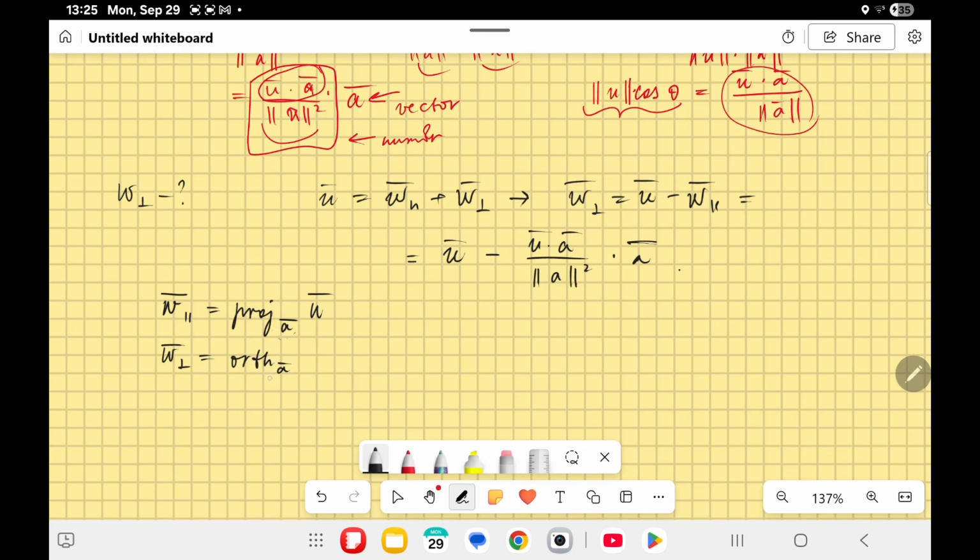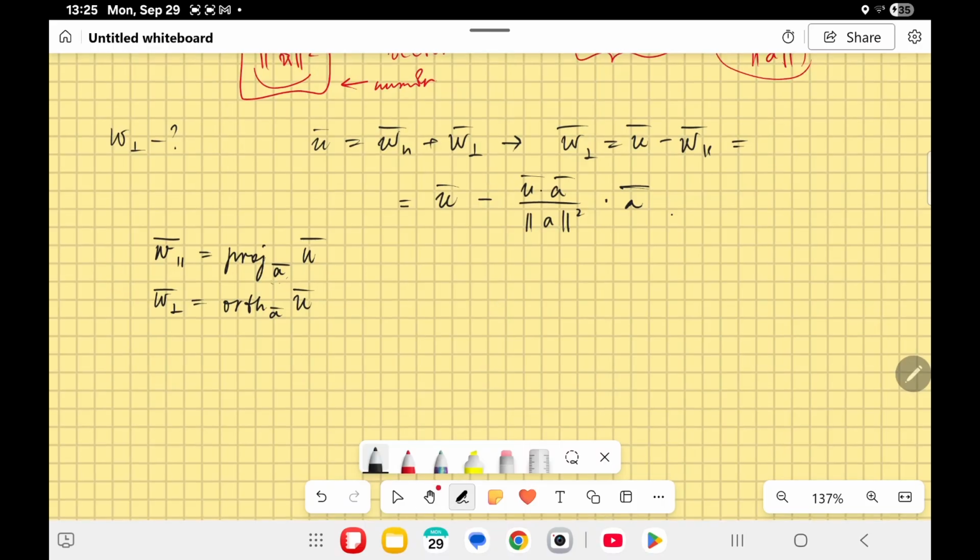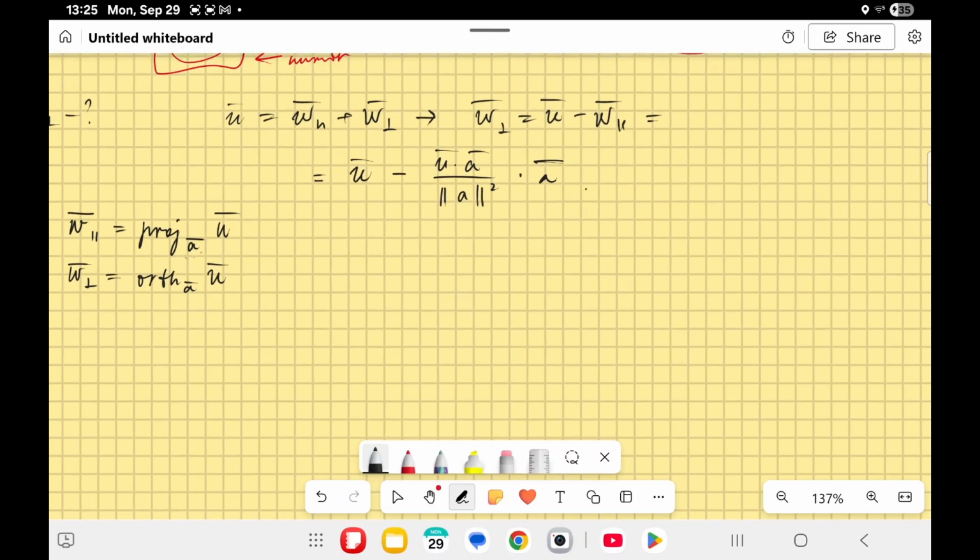Vector A along which we use the projection is here, and the main vector which we are projecting is this one. Okay? Well, I'm going to calculate the parallel projection for the next vectors. I'm going to consider an example: vector U equals 2, minus 1, 3, and vector A is going to be 4, minus 1, 2.